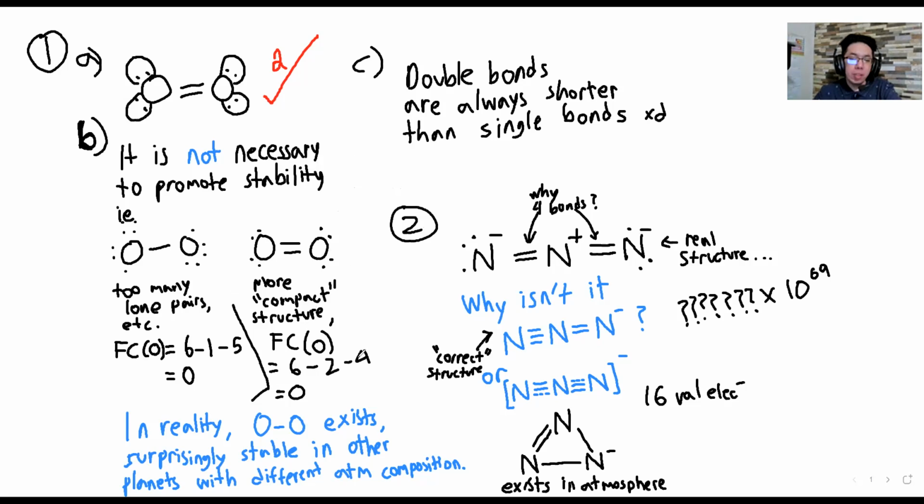Anyway, you actually have many answers for why you need a double bond. Number 1 is to achieve an octet. Syempre, pag single bond, you'll achieve an octet but unstable. So, to achieve a stable octet of electrons.